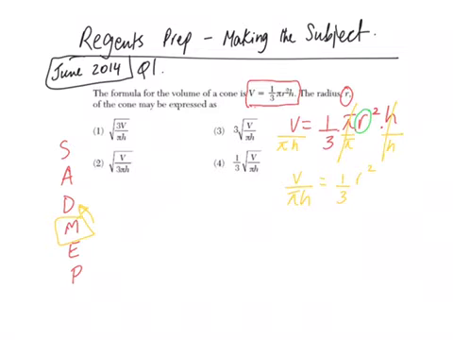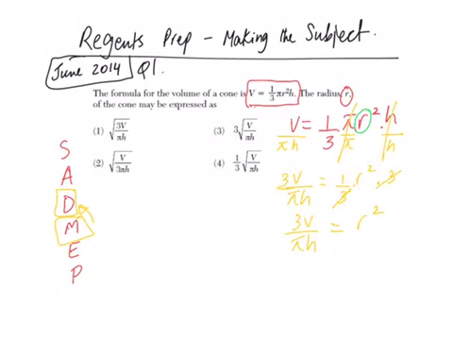Now this 1/3 could be taken as a multiplication or a division by 3. If we take the division of 3, what's the opposite of division? It's multiply. So multiply 3 on both sides, right? This will cancel off. So what are we getting? R square is equal to 3V over pi h.